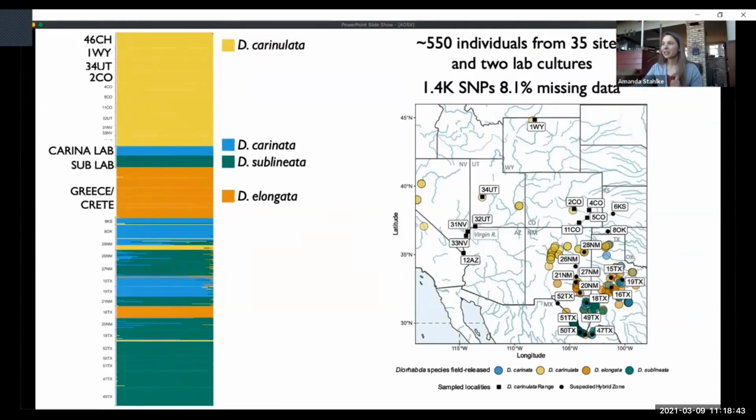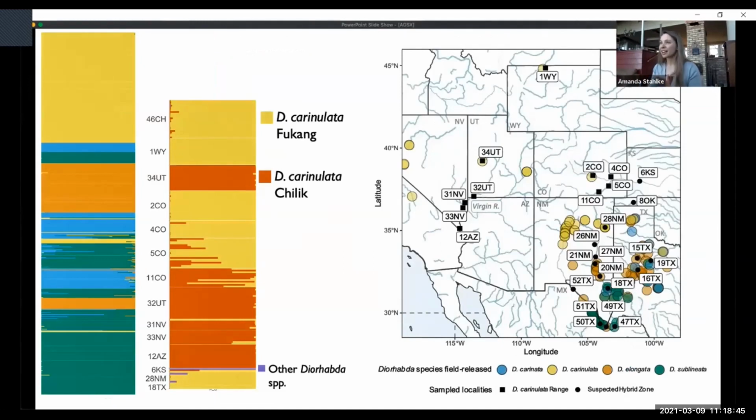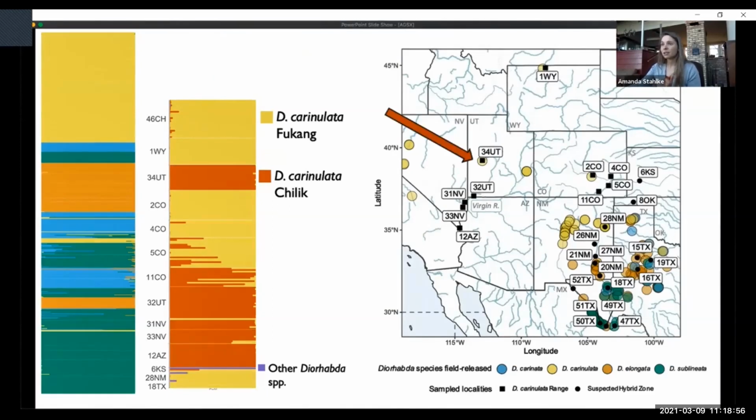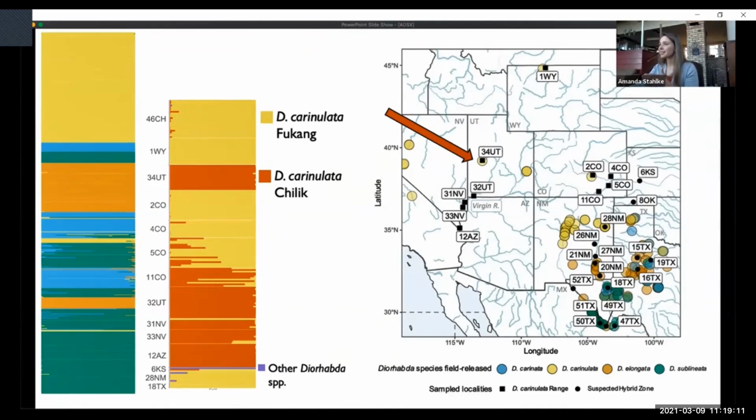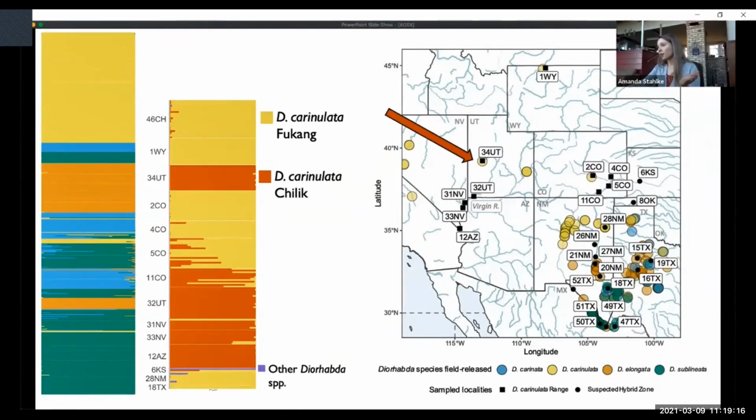Okay, so we can break this down further and identify the source populations that were introduced. So we have the Fukang type from that 46 China, and 34 Utah is the only site where only Chilik was introduced, the Chilik ecotype from Kazakhstan. And then we have in the southeast Colorado area a little bit of a mix, because the Palisade Insectary used the individuals that colonized western Colorado and brought them over to that region.